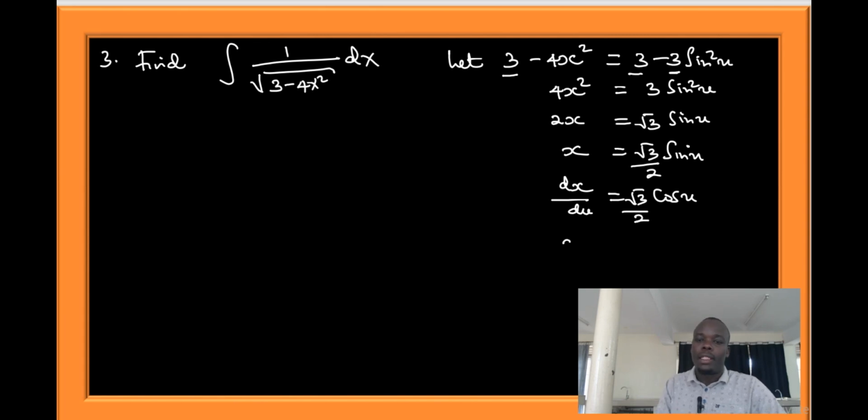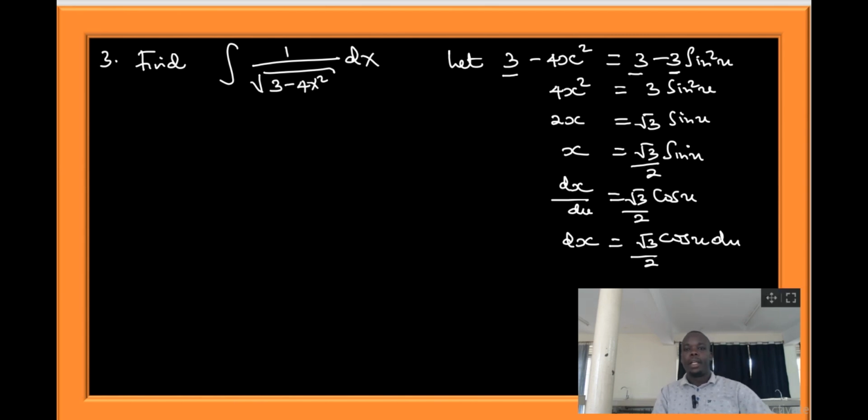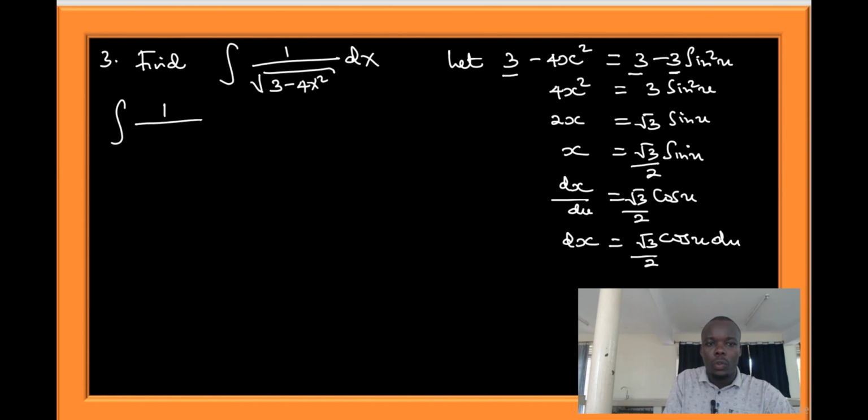And then make dx the subject, dx becomes root 3 out of 2 cos of u du. Get back here and you say now integral of 1 out of square root of 3 minus 4x squared with respect to x. Remember, we already called 3 minus 4x squared to be 3 minus 3 sine squared u.